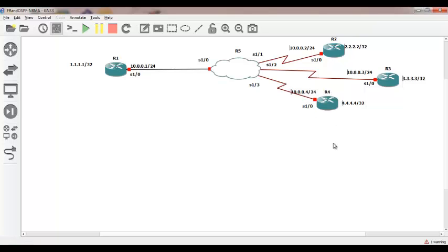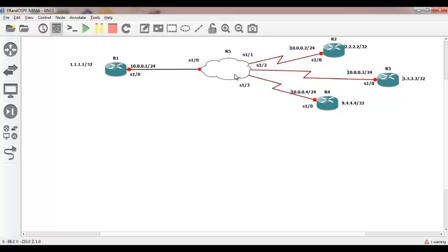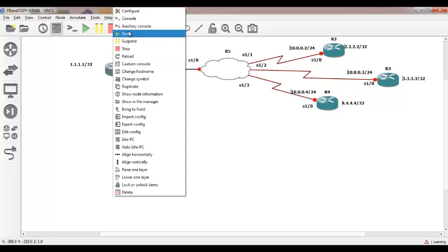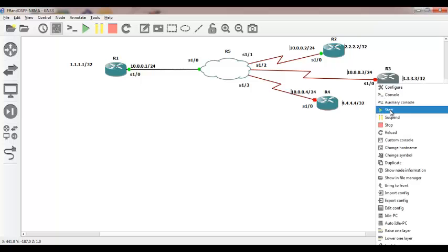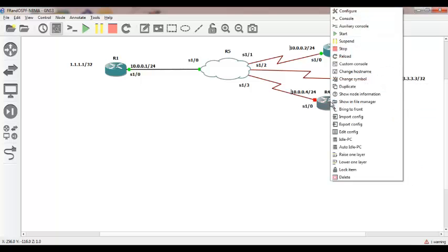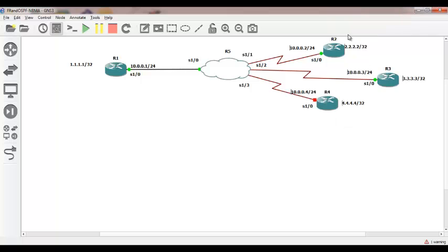Now it's no more. Anyway, this is what we are going to first configure. Let us not focus on frame relay. First focus on OSPF, then we will go to frame relay. I'm not turning on router 5. Router 5 is still sleeping.